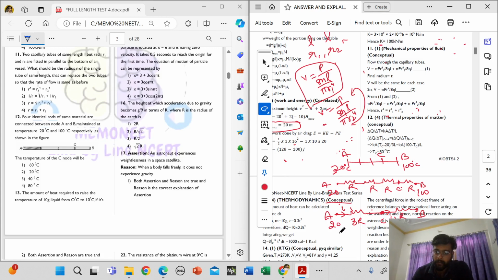Suppose the potential at C has the value x. So (20 minus x) upon 3R will be equal to (x minus 100) upon R. So R and R cancel, then we get 20 minus x is equal to 3x minus 300 — wait, 3(x minus 100) — so we get 4x.